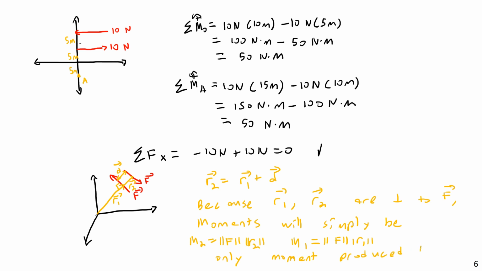The D vector remains, and R1 cancels out.